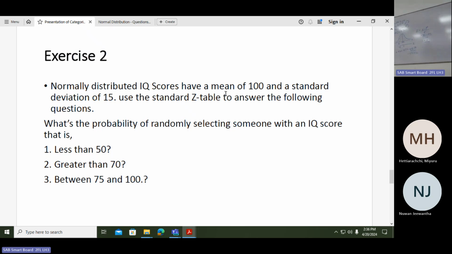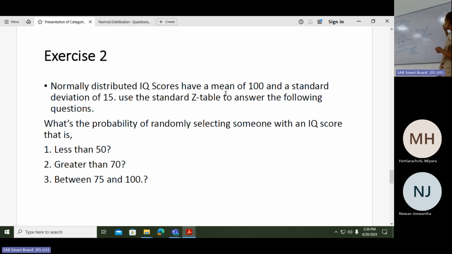Then try part 3. Between 75 and 100. Then 100 is the mean value now.